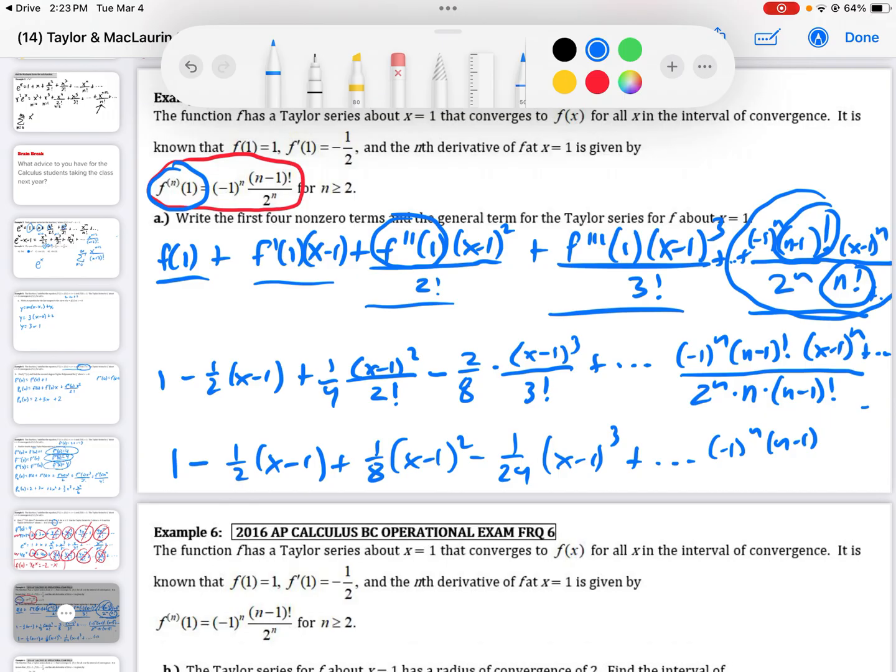Oh, wait. The whole point of doing that was to cancel that out, right? So I'm going to write that cancels, and I just have the x minus 1 to the n over 2 to the n times n plus dot, dot, dot. Okay, I think you'd be fine. You might want to check the scoring guidelines, but you should be fine with that because technically it's the same thing.